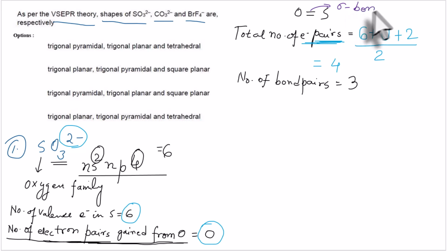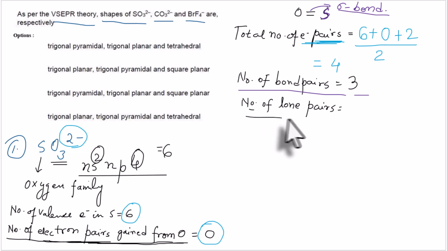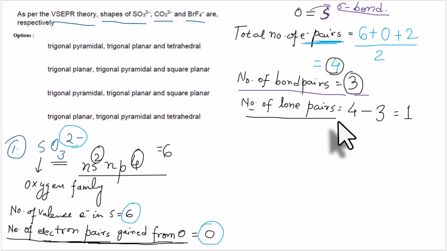So we consider these sigma bonds for 3 oxygens: 3 oxygens doubly bonded, 3 sigma bonds. That is why the number of bond pairs is 3, because VSEPR considers only the sigma bonds and not the pi bonds. Then we calculate the number of lone pairs by subtracting the number of bond pairs from the total number of electron pairs. 4 minus 3 is equal to 1. We have 1 lone pair.